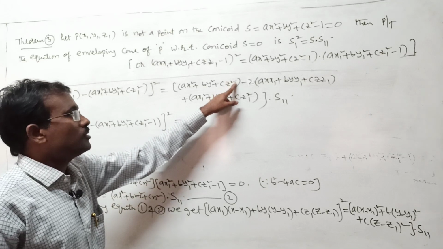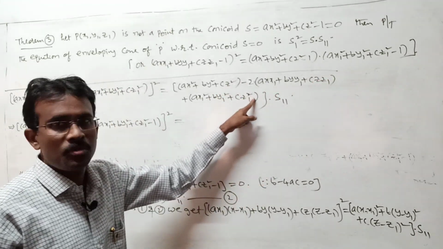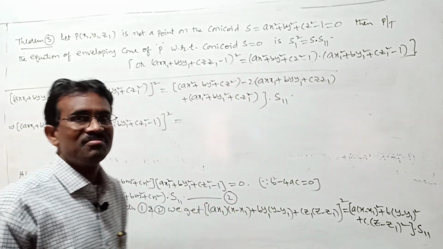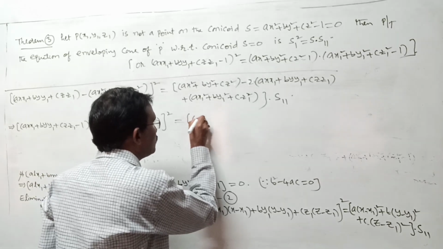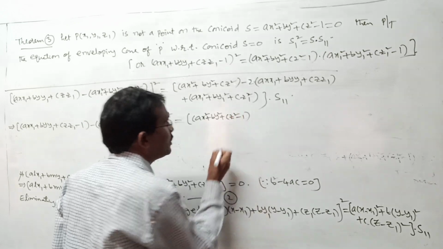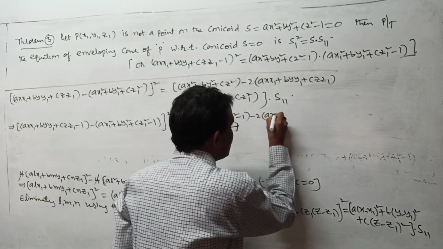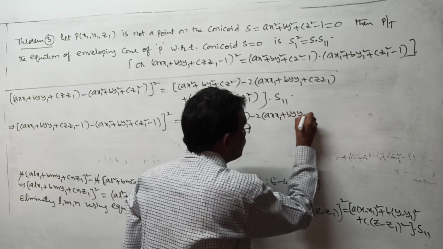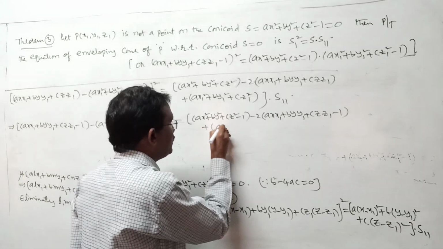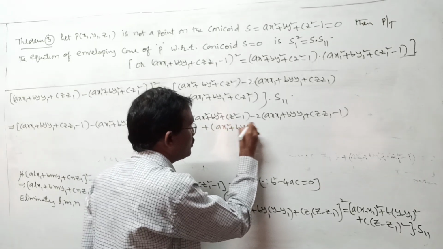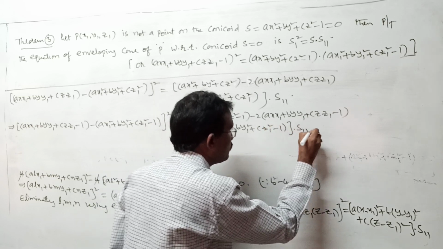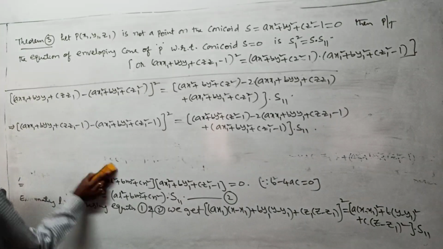In this also, here I want to proceed minus 1, here minus 1, here minus 1. Minus 1 becomes minus 2, minus into minus plus 2 becomes 0. It is AX square plus BY square plus CZ square minus 1, minus 2 into AXX1 plus BYY1 plus CZZ1 minus 1, plus AX1 square plus BY1 square plus CZ1 square minus 1, whole into S11. Any problem with those adjustments?